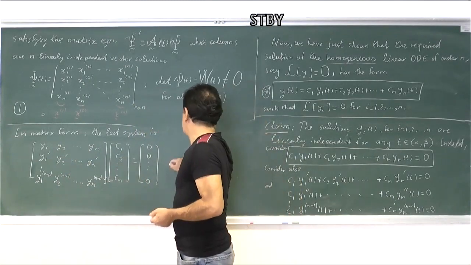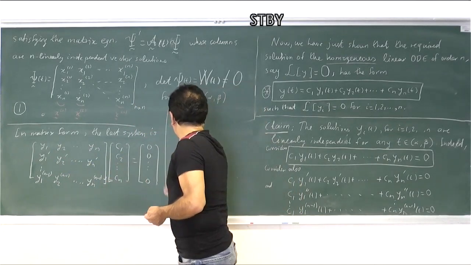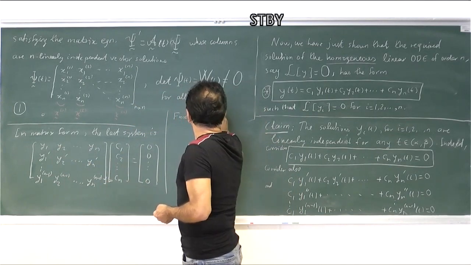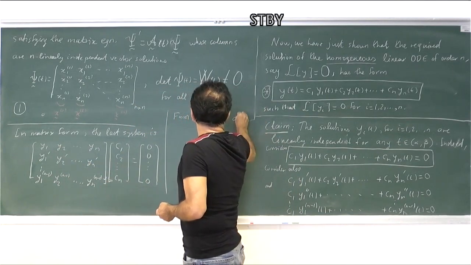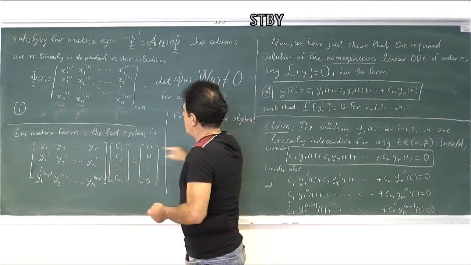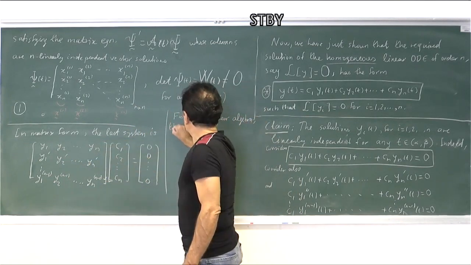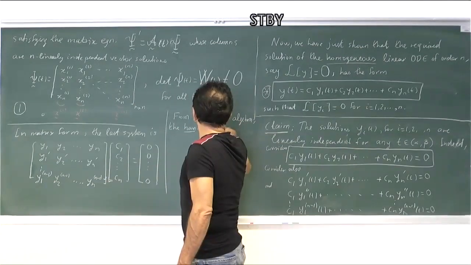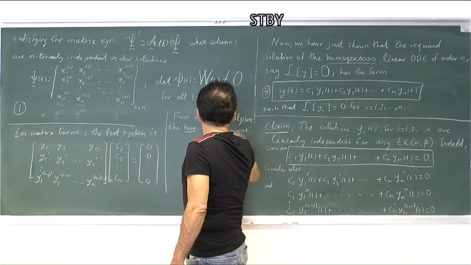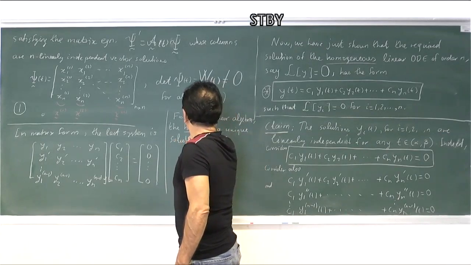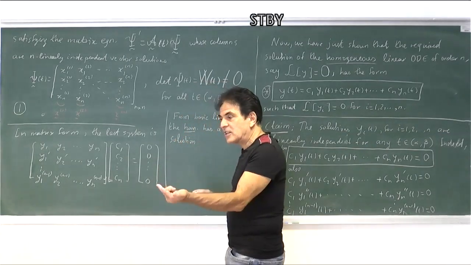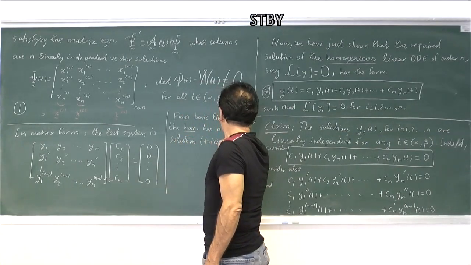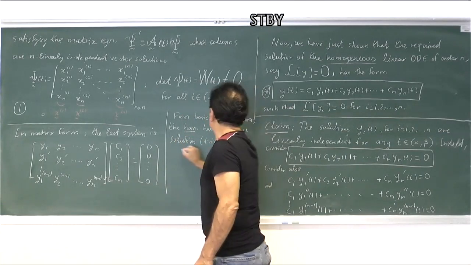And look now, from basic linear algebra, this homogeneous system has a unique solution, which is in fact the trivial solution.